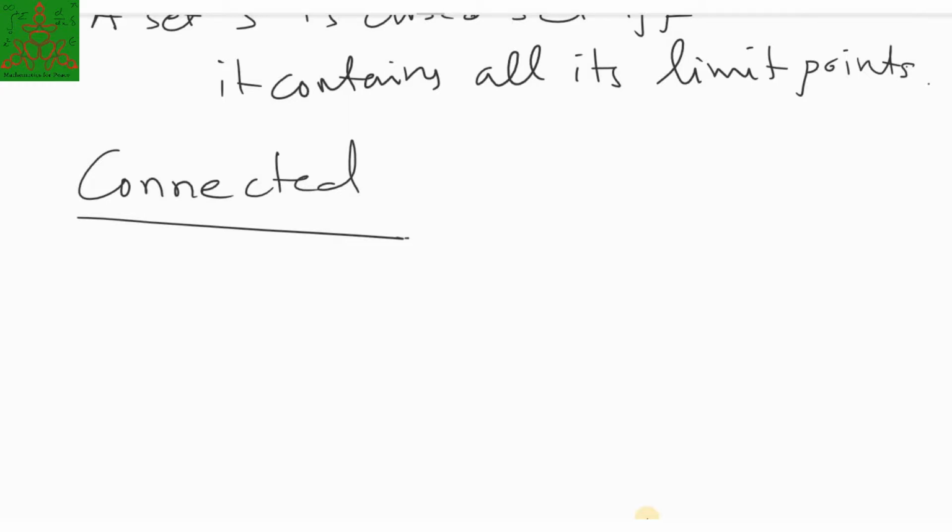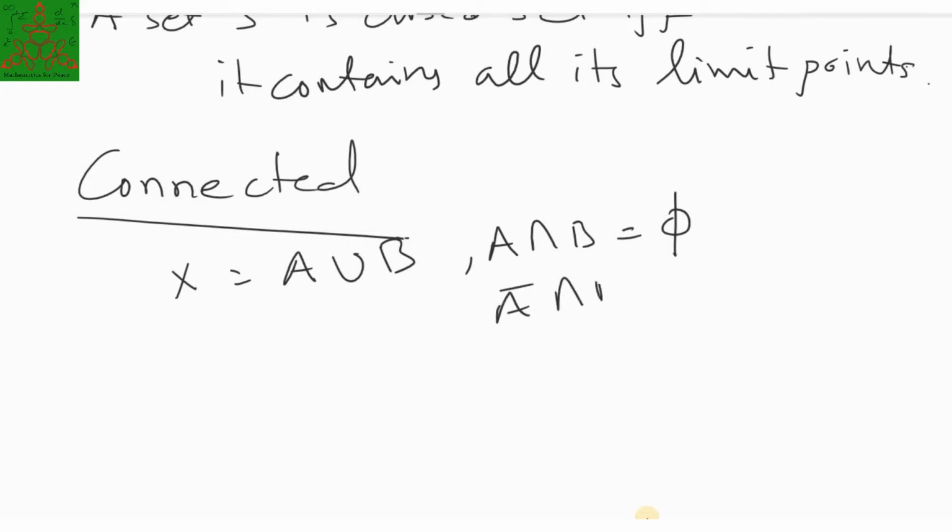That means if you have a set X which cannot be written in the form A union B, where A intersection B is phi, A closure intersection B is phi, and A intersection B closure is phi, then we can say that X is connected.